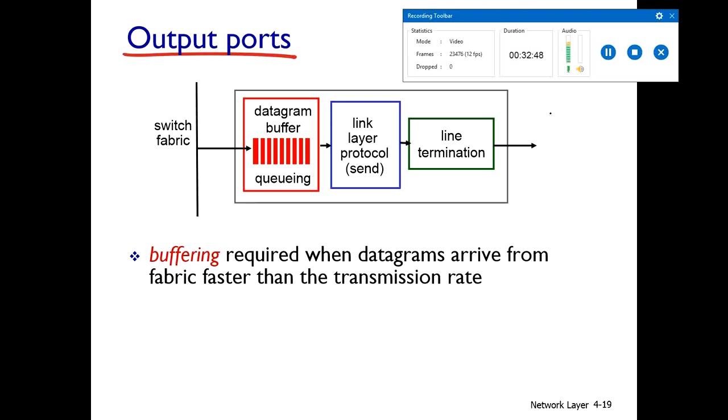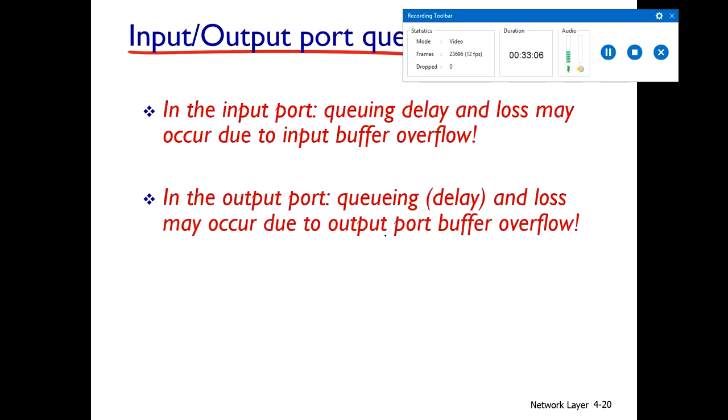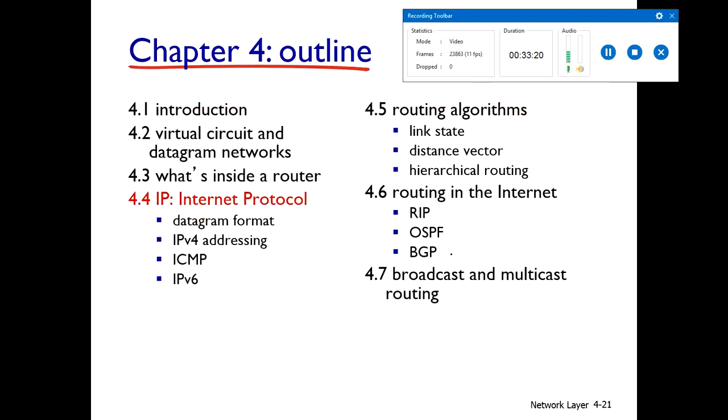When the link is bidirectional, an output port will typically be paired with the input port for that link. So if you see, it buffers, it queues, then it sends, then it terminates. Buffering is required when datagrams arrive from the fabric faster than the transmission rate. That's why buffering is required. In the input port, queuing delay and loss may occur due to input buffer overflow, and in the output port, queuing delay and loss may occur due to output buffer overflow. So at both points, delay may occur.